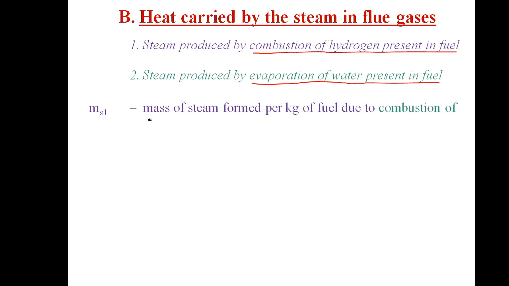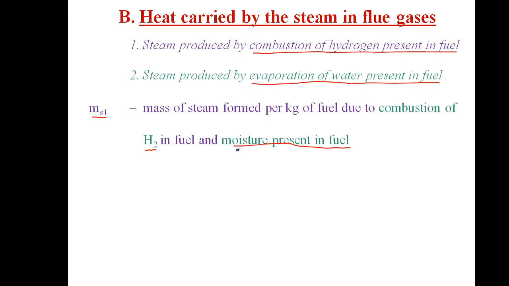Say for example Ms1, M suffix s1, is the mass of steam formed per kg of fuel due to combustion of H2 in the fuel and moisture present in the fuel. By combustion of hydrogen, steam is produced.